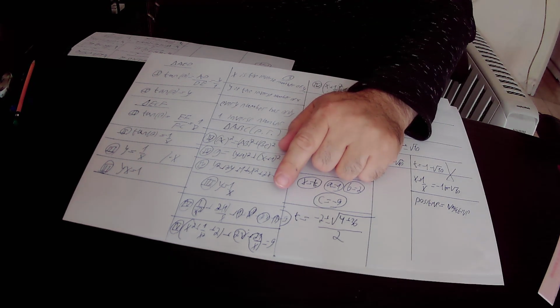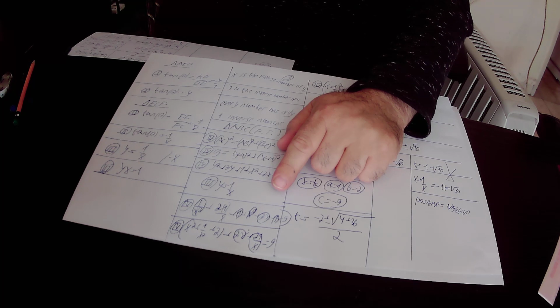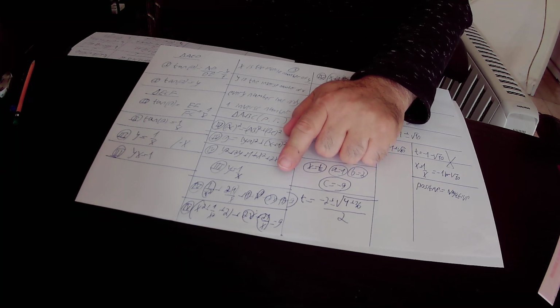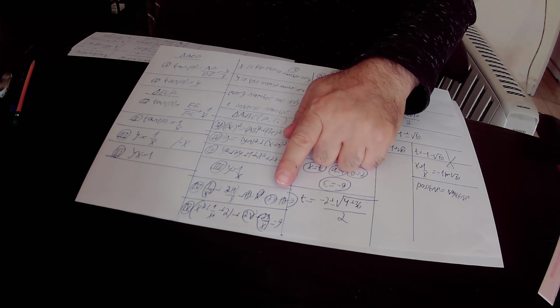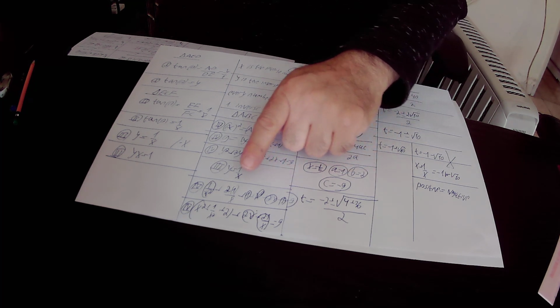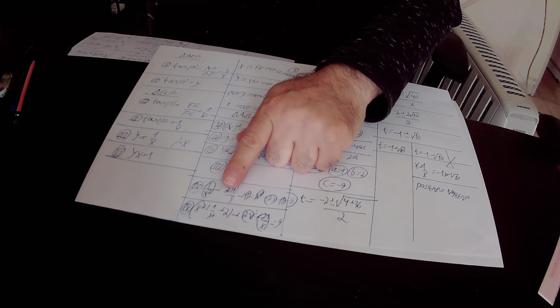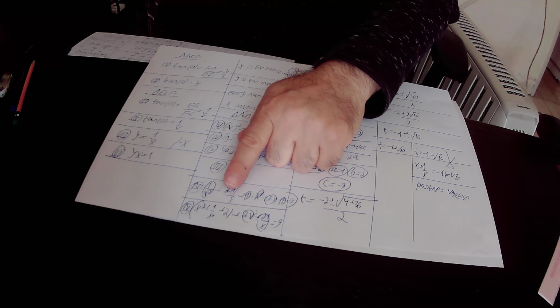Here we organize the expressions in a different way and we got, in equation number 4, x squared plus 1 over x squared plus 2, plus 2x plus 2 over x, equals 9. So in the brackets, x squared plus 1 over x squared plus 2, this expression equals (x plus 1 over x) squared.